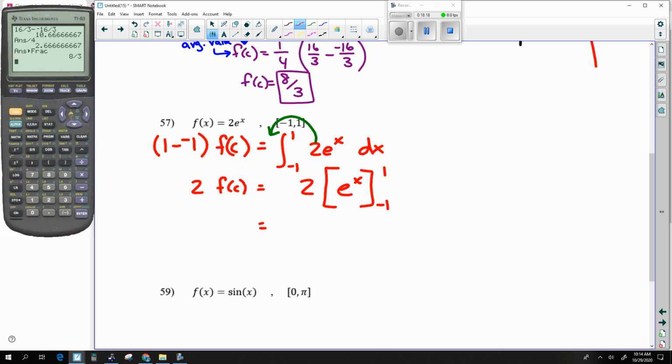All right. So this is going to be e to the 1 minus e to the negative 1. And then I'm going to divide by 2, so that turns into 1. If you don't know what I just did, I divided the f of c 2 over. So this is 1 half.